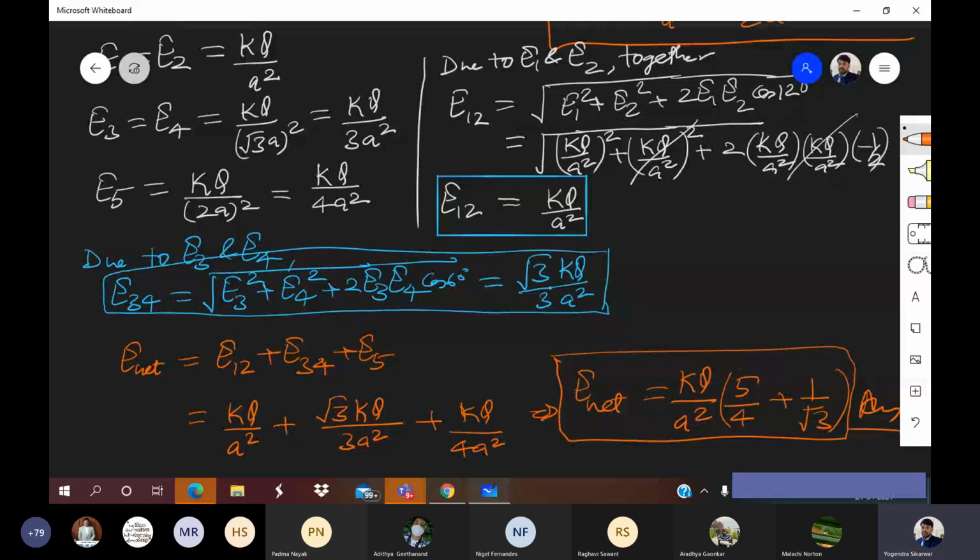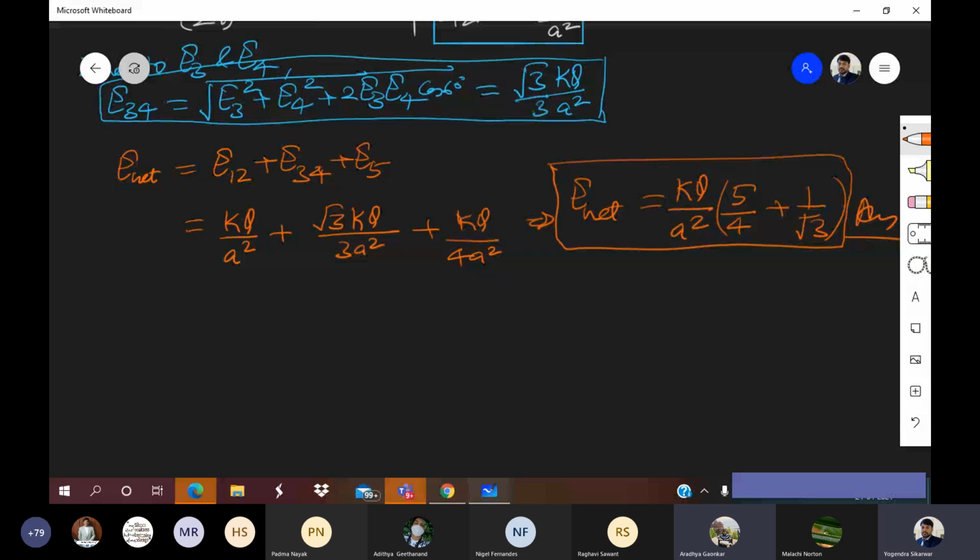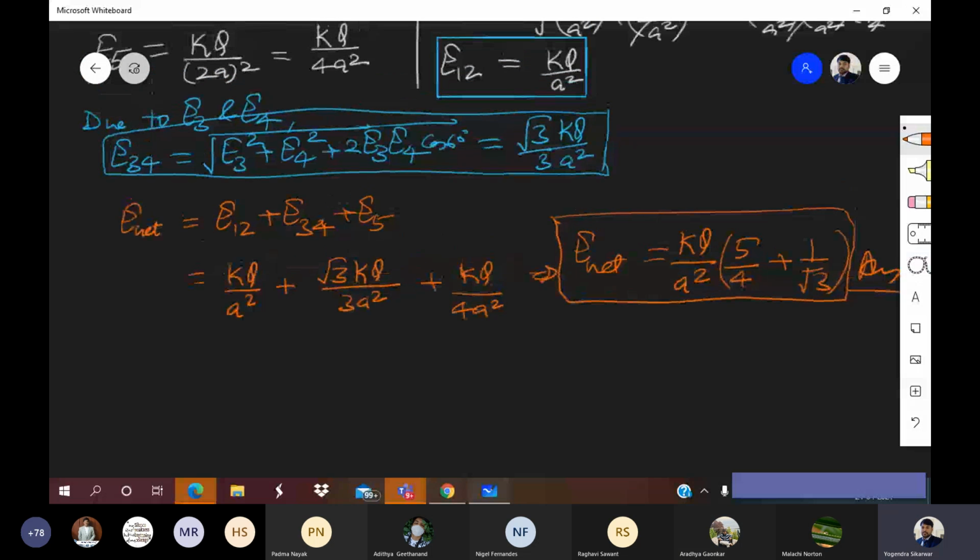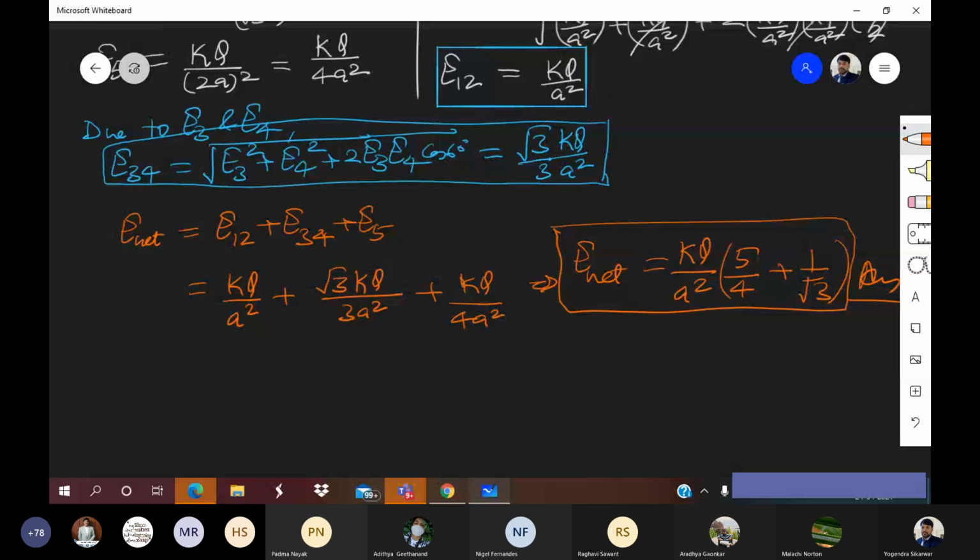If you have any doubt, do not hesitate and you can ask. It's 5 by 4 plus root 3 by 3 now. Beta, root 3 by 3 is 1 by root 3. Yes, understood. Very nice.